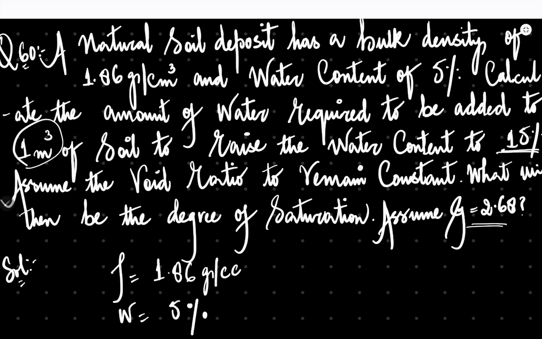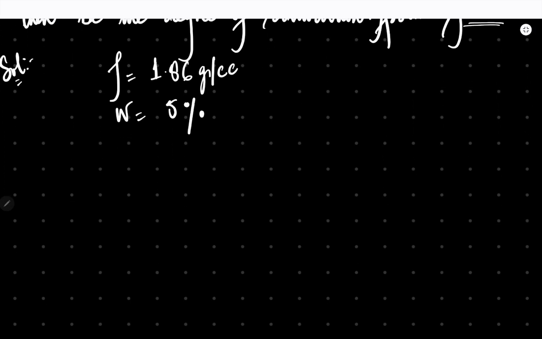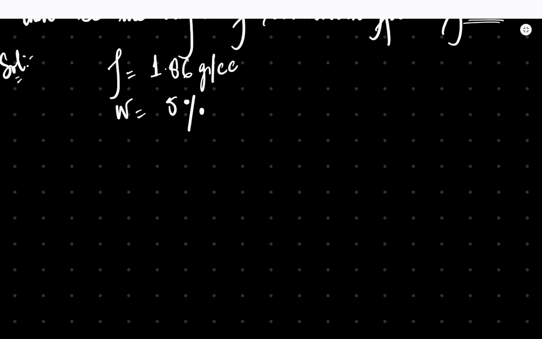Calculate the amount of water required to be added to 1 cubic meter of soil to raise the water content to 15%. Then we have to assume the void ratio to remain constant, and then we have to calculate the degree of saturation as well. See how I shall proceed with the question. We have been given the bulk density and the water content. I'll calculate the dry density. Dry density is bulk density divided by 1 plus water content.